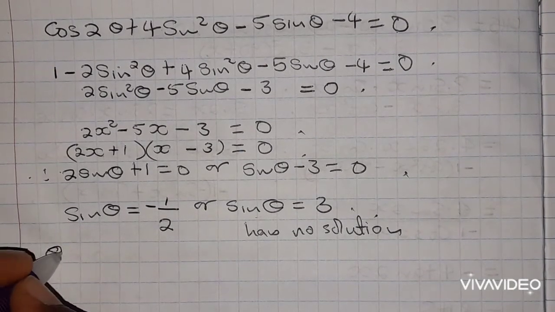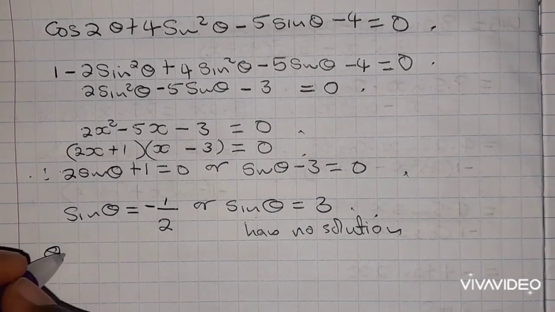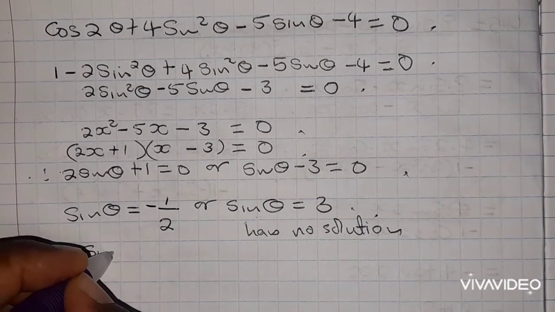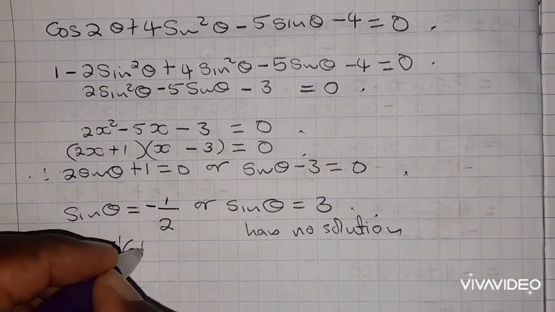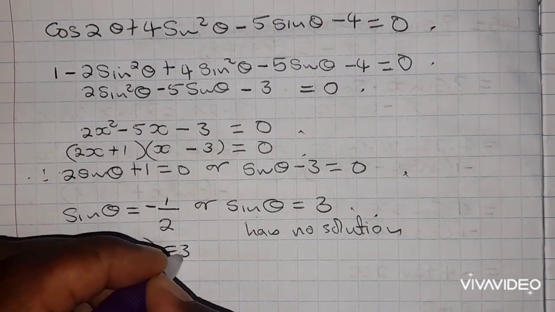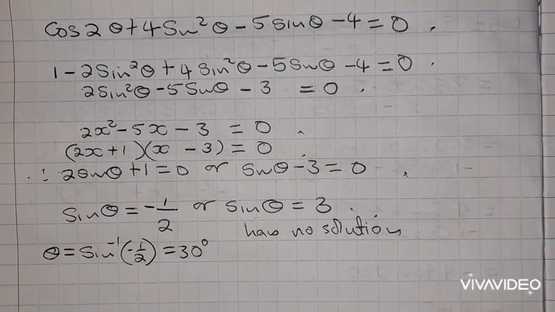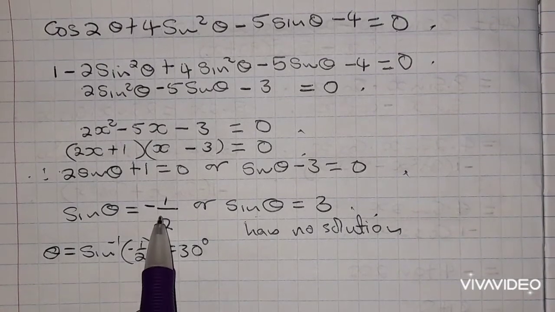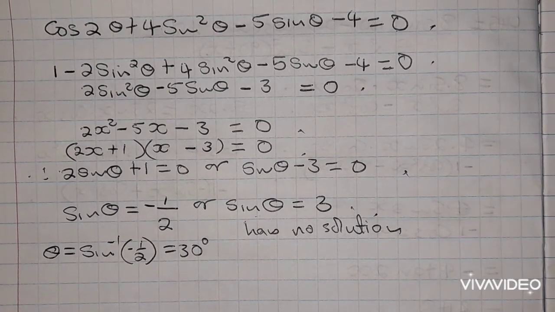Our theta there, look for the reference angle. Theta is equal to arc sine 1 over 2, and this is equal to 30 degrees, and our sine is negative there. Our sine is negative, and we know sine is negative in the 3rd and the 4th quadrant, right?